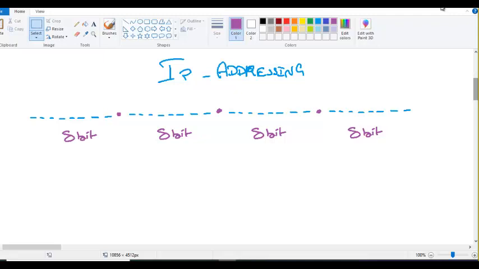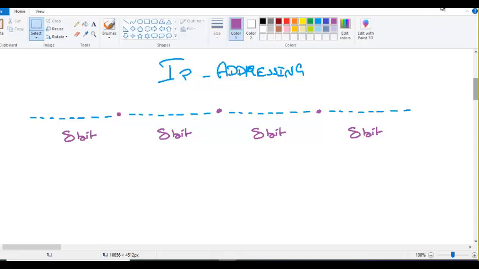So the networking has grown this big, connecting everyone with this 32-bit. But definitely in 6G, everyone will be in IPv6. This IPv4 will also go. Now, this IP address is of 32-bit.